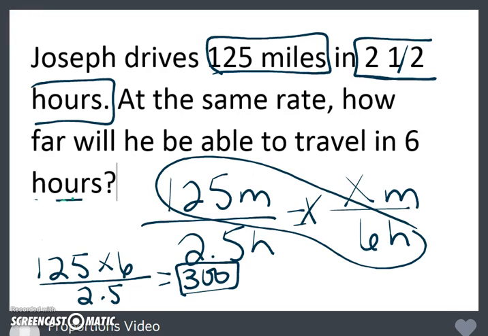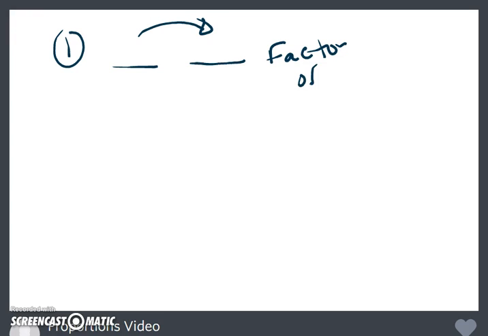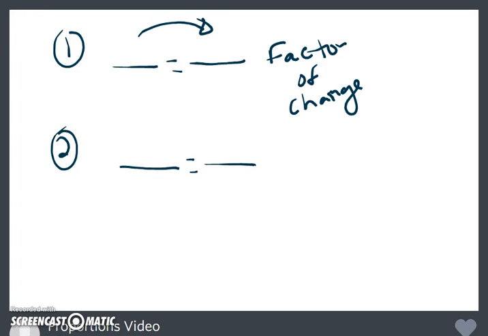Okay, so I've shown you 3 different methods. The first one was to go across a proportion, and we call this one the factor of change. So you can find the factor of change going across, or you can also find the factor of change by going up or down.